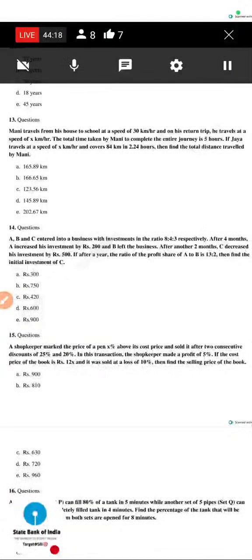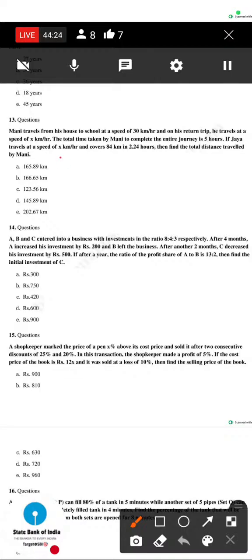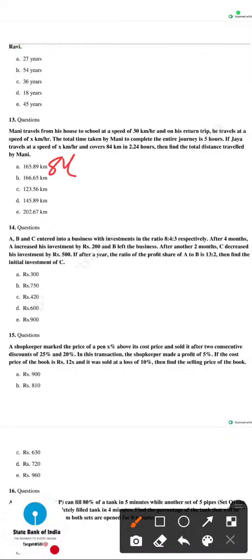A, B, C entered into a business with an investment of 8 is to 4 is to 3. So the ratio is 8x, 4x, and 3x. After 4 months, A increased his investment by 200.